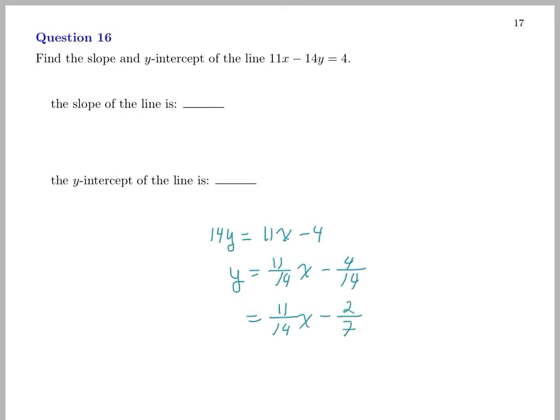So my slope is just the number in front of x, so that's 11/14. And the y-intercept is the number that's added, right? The plus b, so that's minus 2/7.